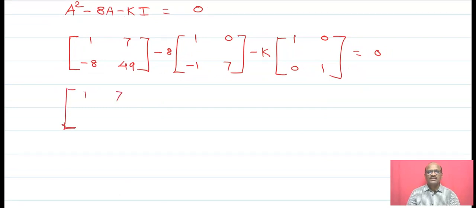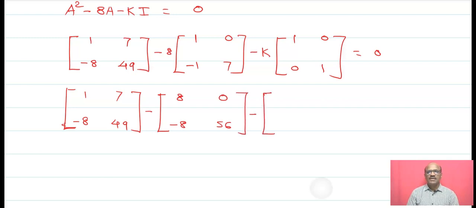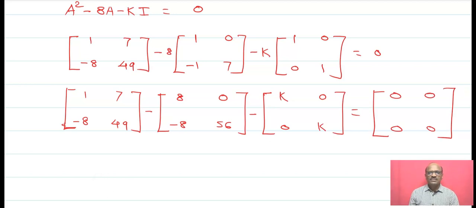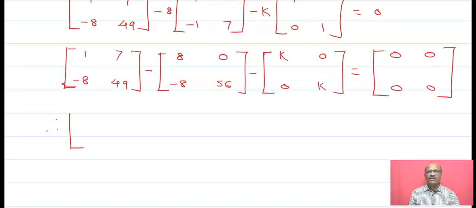And we can write this. Normal simplification is here. K, 0, 0, K equals the 0 matrix. We want to find the value of K here. 1 minus 8 minus K, 7 minus 0.